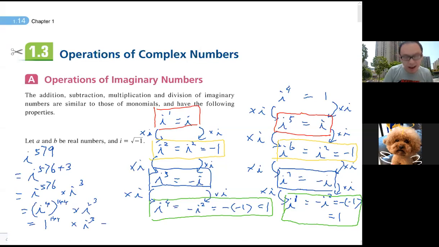Okay, but we know that i to the power 3 is the third term in the pattern. It should be the blue one. Okay, red, yellow, blue, green. The third term in the pattern should be the blue one. So finally, it should be equal to negative i.